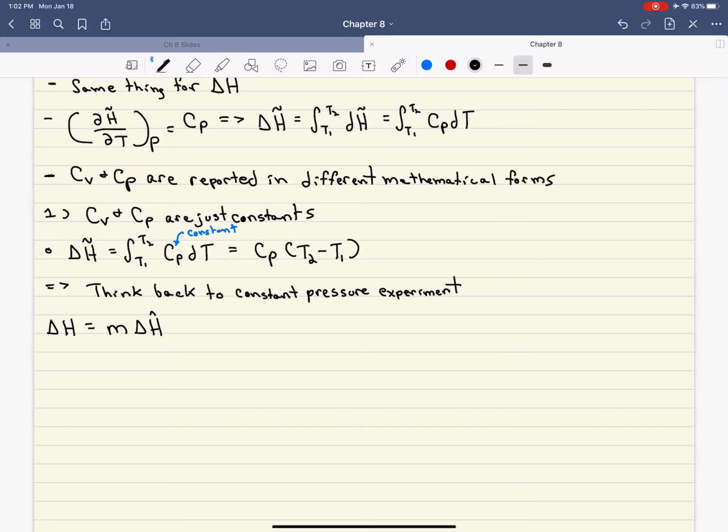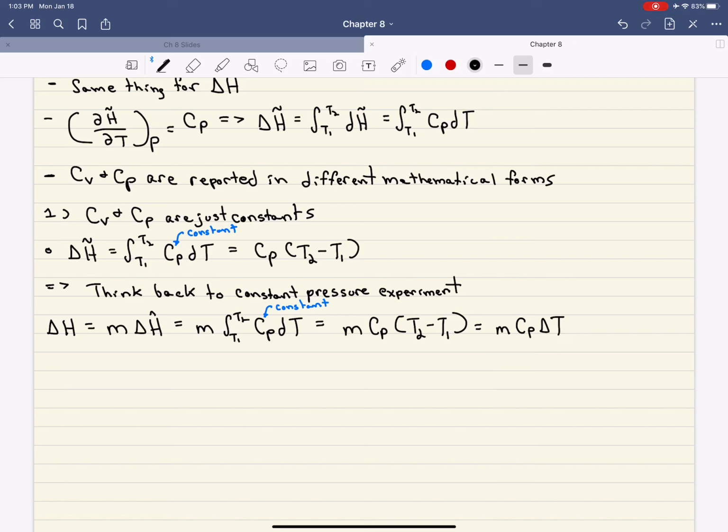And we know that delta H hat is just going to be the integral from T1 to T2 of Cp dT. But if this is a constant, then what we'll end up with is just m times Cp times T2 minus T1, or otherwise written as m Cp delta T.